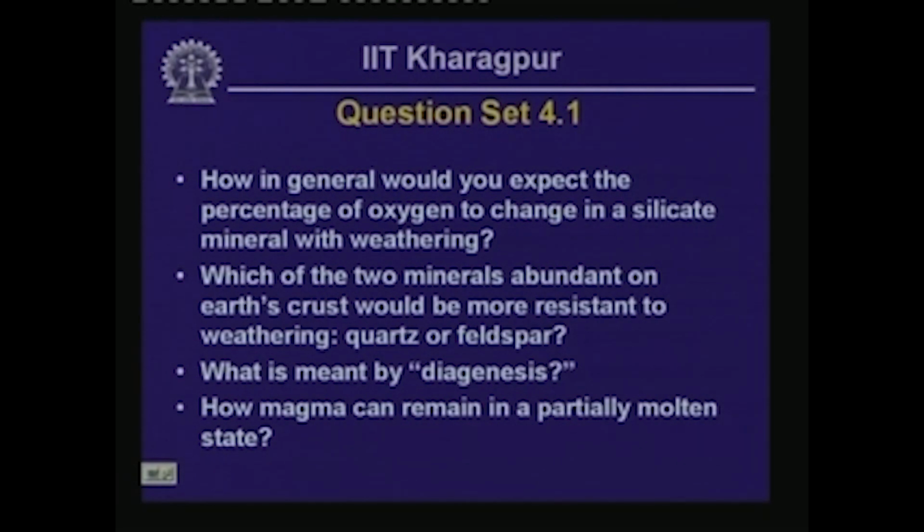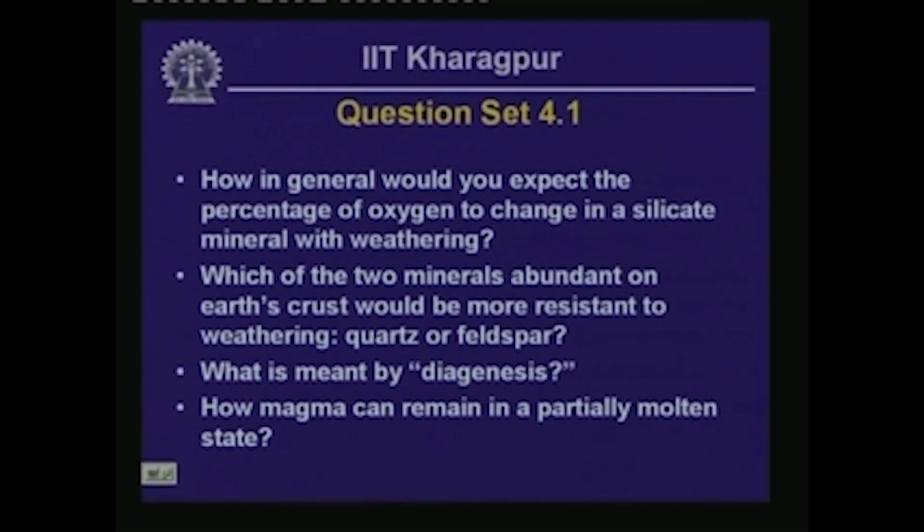Feldspars are not a single type of mineral. There are different types of feldspars. They could contain potassium, or sodium, or aluminum. These different types of feldspars are also susceptible to chemical weathering to different extents. Sodium feldspar is typically more resistant to weathering than the other types of feldspars I was just mentioning.